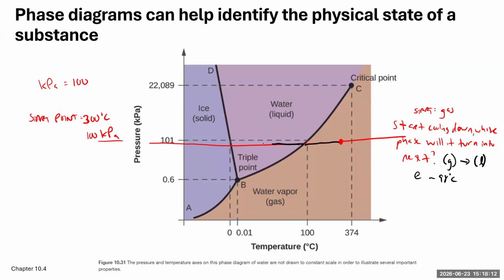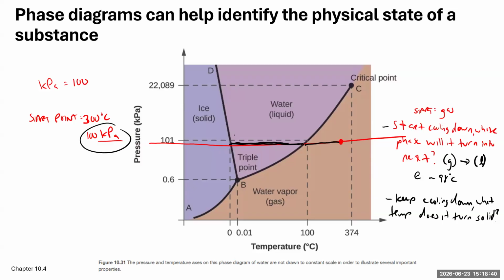Now let's say we keep cooling down. What temperature does it turn solid? So we're cooling, cooling, cooling, cooling, and we're staying at 100 kilopascals.